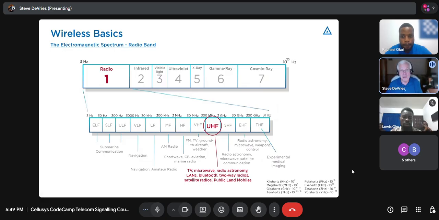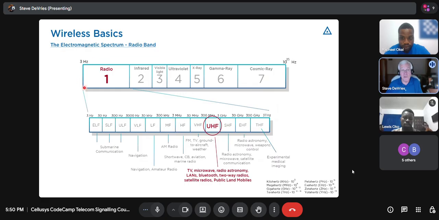The lowest end here is 3 of these waves in a second, and it goes all the way up to 10 to the 25 hertz. That would be just incredibly fast. So the radio spectrum is in here. Then you have infrared, visible light, and ultraviolet, X-ray, gamma, and then cosmic rays.